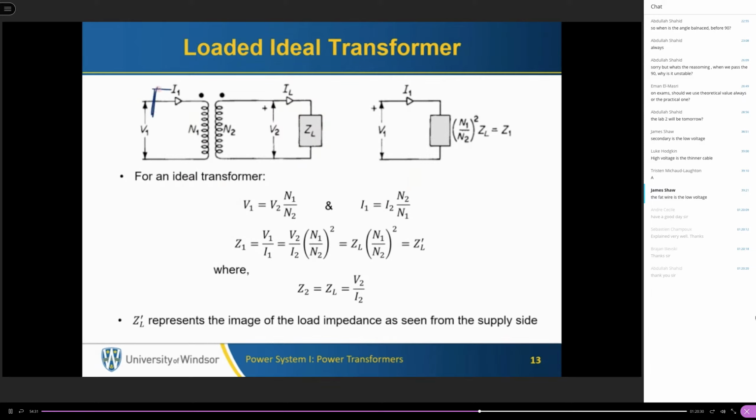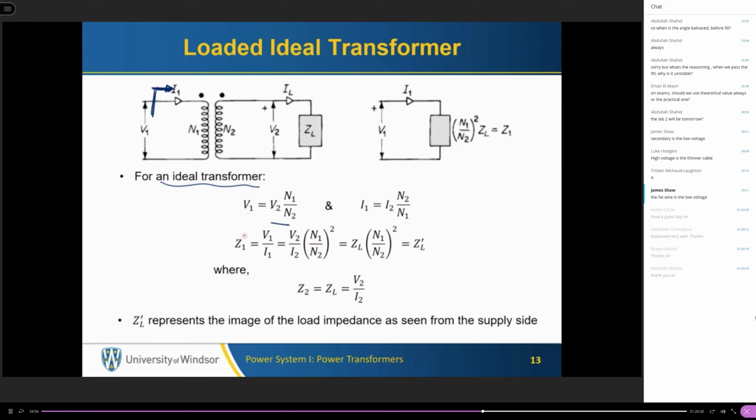So we are interested in getting the equivalent impedance on the primary side. Okay, so for an ideal transformer, we know that V1 over V2 equals N1 over N2. So we can write V1 in terms of V2. Same thing for I1. We can write it in terms of I2 times the reciprocal of the turns ratio.